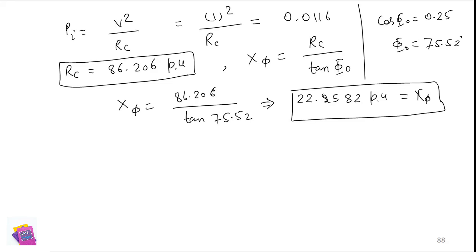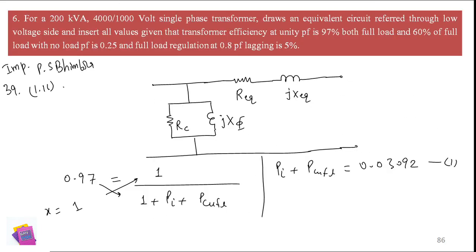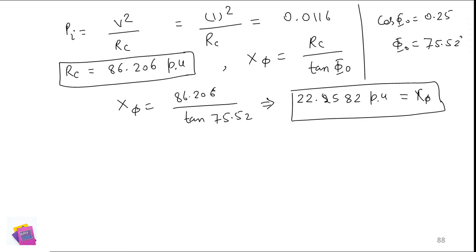So to calculate the R equivalent and X equivalent, data is given to you. See what is the data. Data is full load regulation at 0.8 PF lagging is 5%. So from this reading you can calculate R per unit.